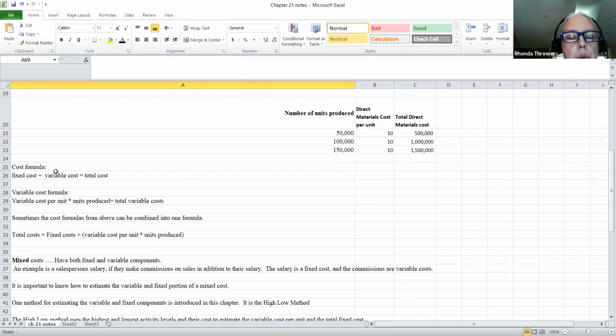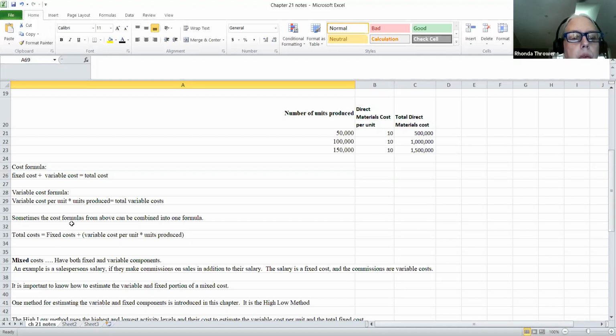There's a cost formula that you need to be aware of, and you need to learn this. That cost formula is that the total fixed cost plus the total variable cost will equal the total cost of the units produced. The variable cost formula, you need to know this one too, is the variable cost per unit times the units produced. That will give you the total variable cost.